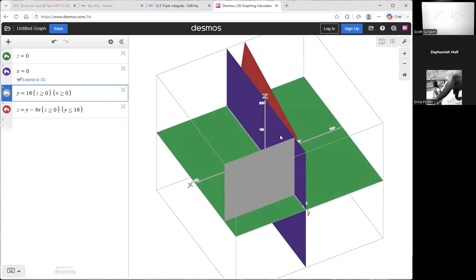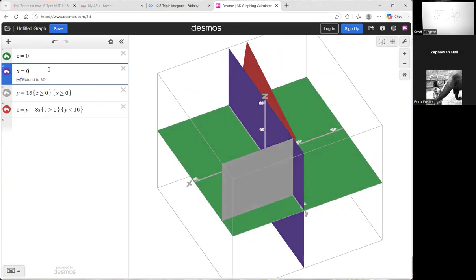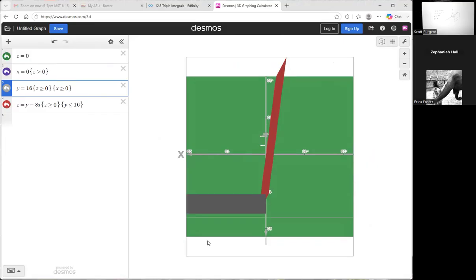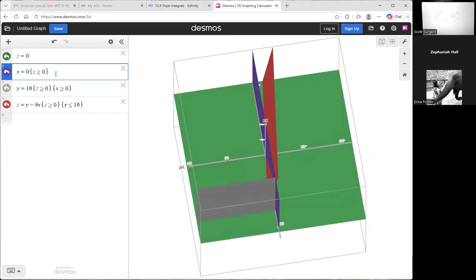That's the purple one. It looks like we want to have, let's try Z be positive. And let's try Z less than Y minus 8x.